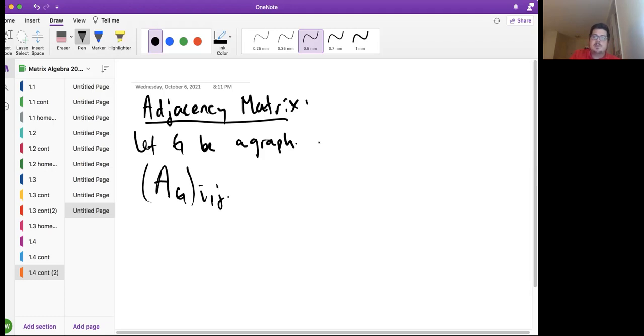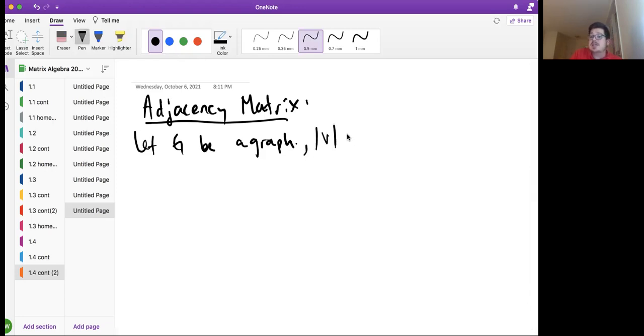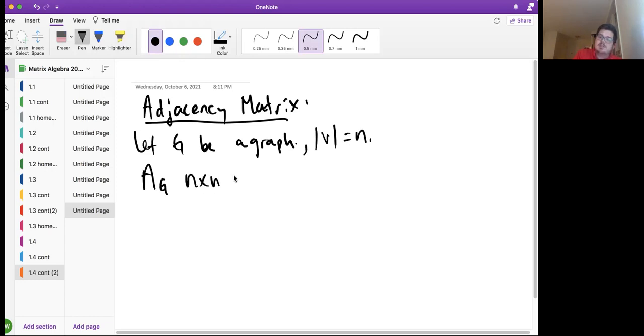Let G be a graph and let there be n vertices. There's no infinite vertex graph here. There's n vertices. So the adjacency matrix of G is going to be an n by n matrix.